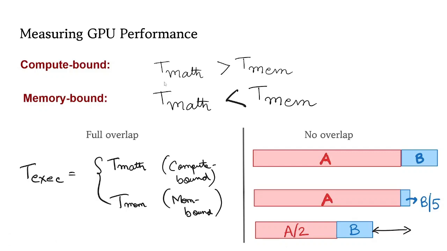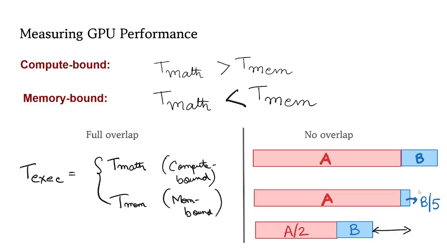How much time is being spent on math and how much time is being spent on memory is also still useful. Consider this process where A, this region in red, denotes the time for memory accesses, and B is the time spent doing math computation.